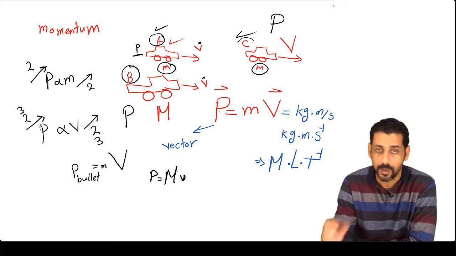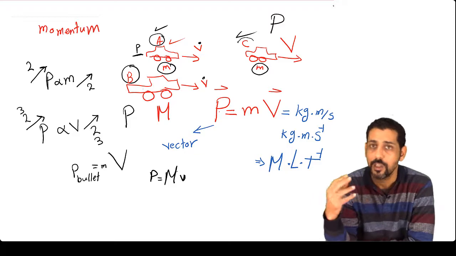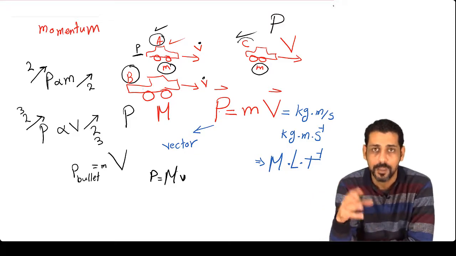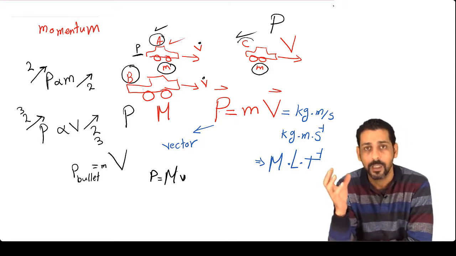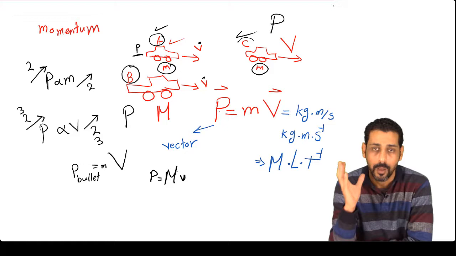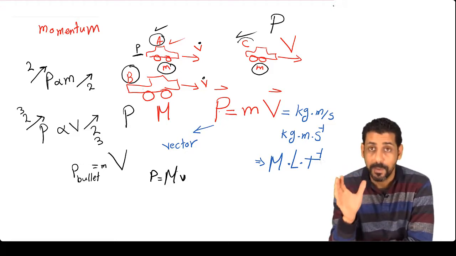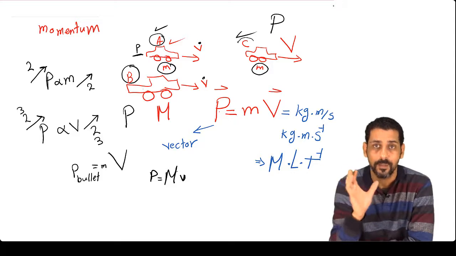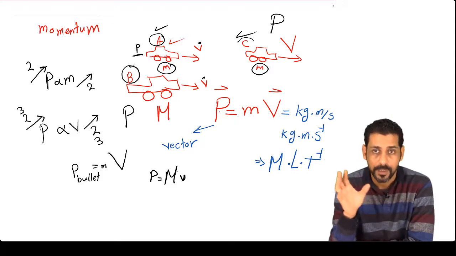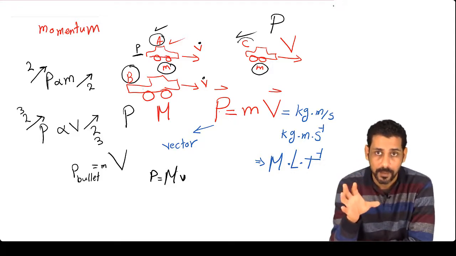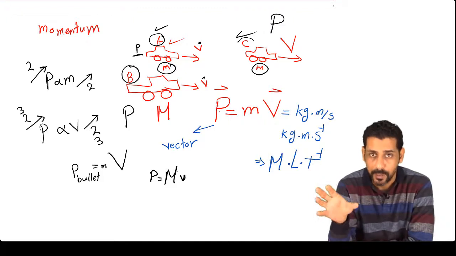Of course, something like a rocket has a huge mass and a huge velocity, so it will never be easy to stop, and it has a great momentum. So actually, guys, momentum depends on the mass and the velocity. If something has a huge mass, it has a huge momentum.